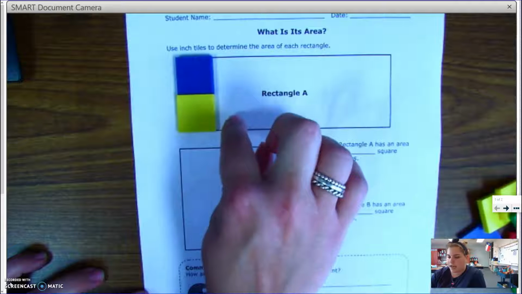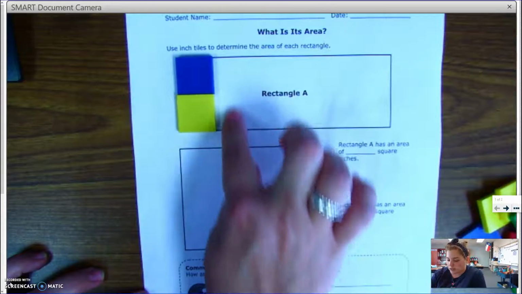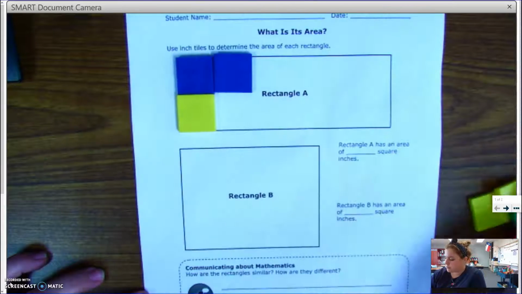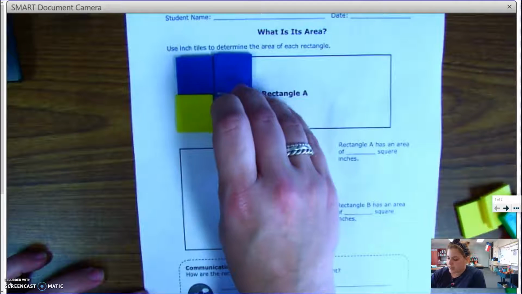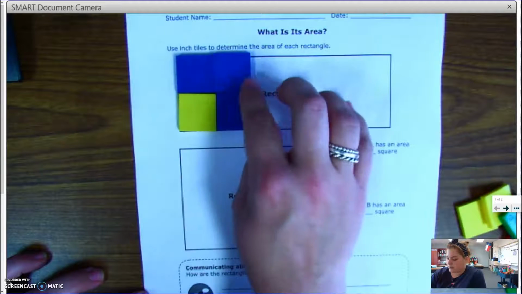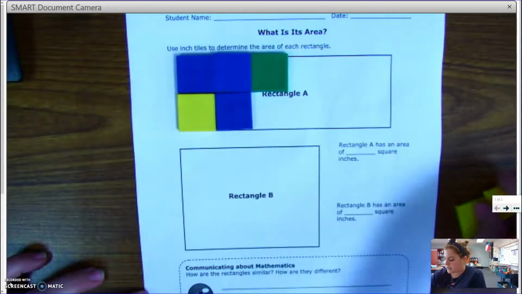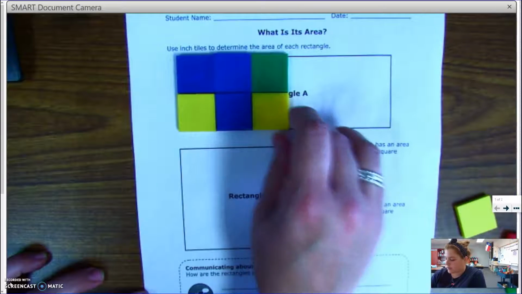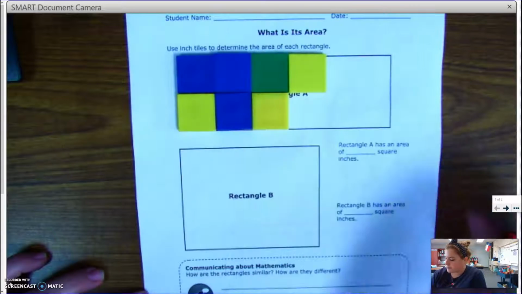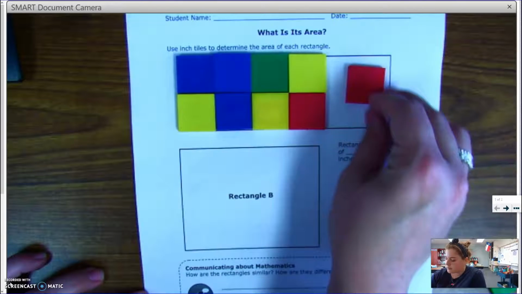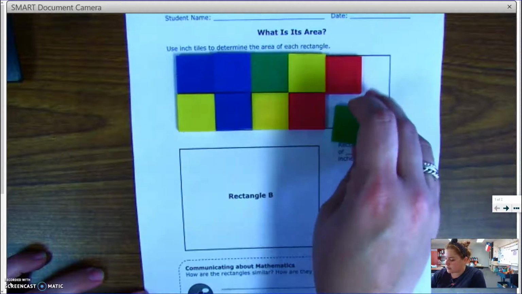If I go up and down, the next column up and down is going to have 2. And the next column is going to have 2 again because the length of the rectangle did not change right there. The same again. And again.